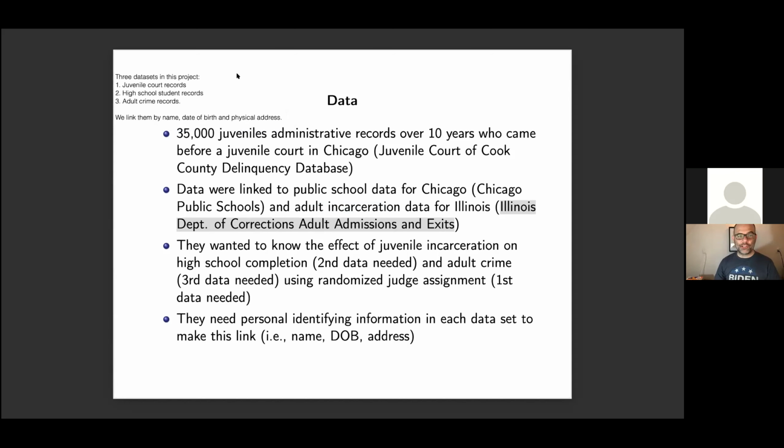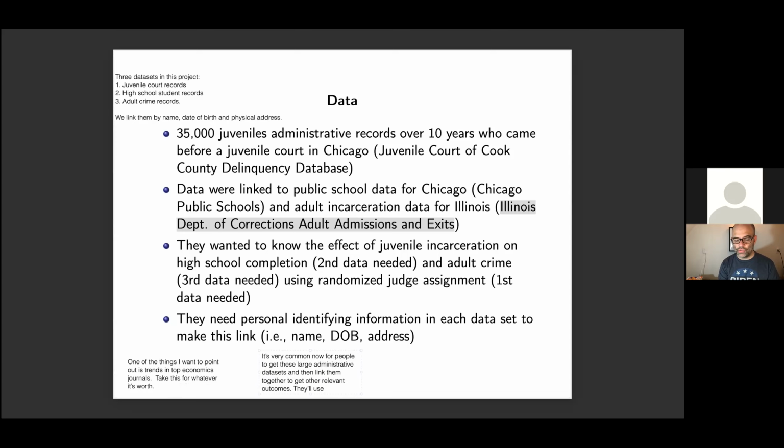So one of the things I want to point out is trends in top economics journals, for whatever it's worth. It's very common now for people to get these large administrative data sets and then link them together to get other relevant outcomes.